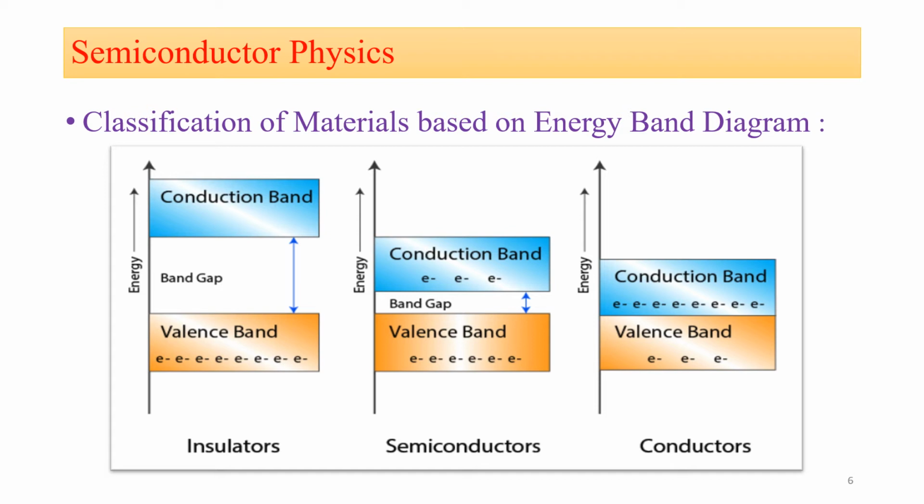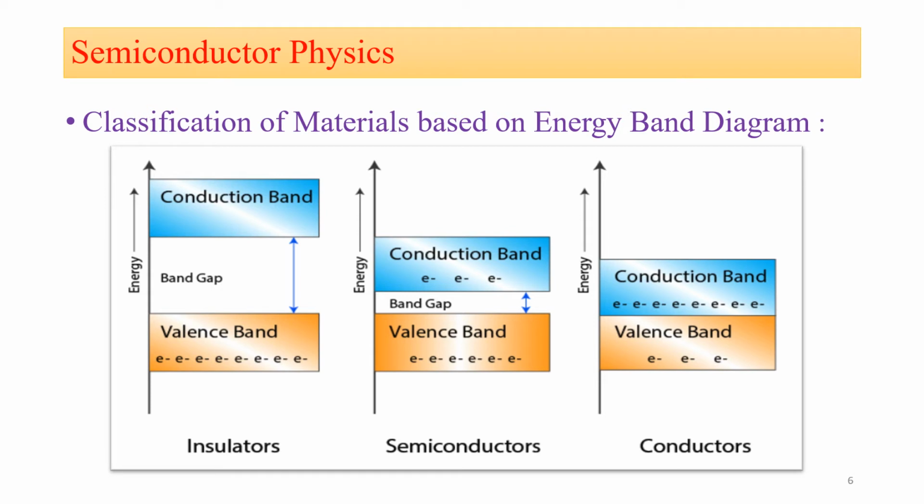Now the third picture indicates the energy band diagram for the conductors. Now what is a conductor? Conductors are those materials which are good conductors of electricity. If you see the energy band diagram for the conductors, then you will observe the energy gap or the forbidden gap between the valence band and conduction band is equal to 0.